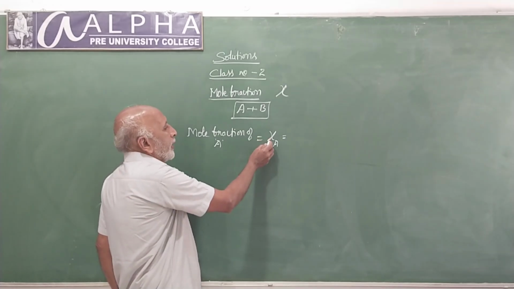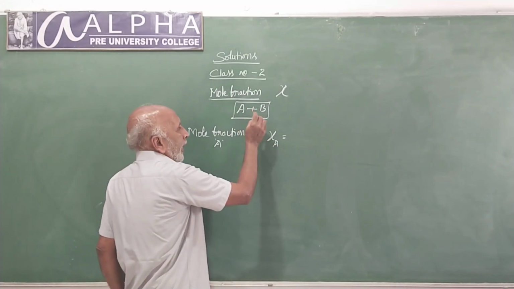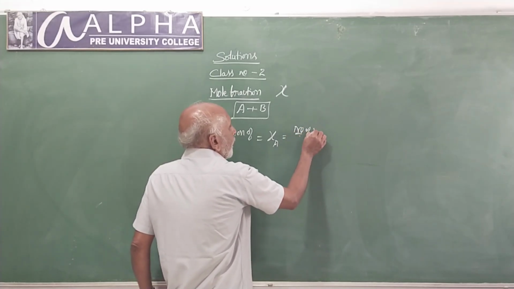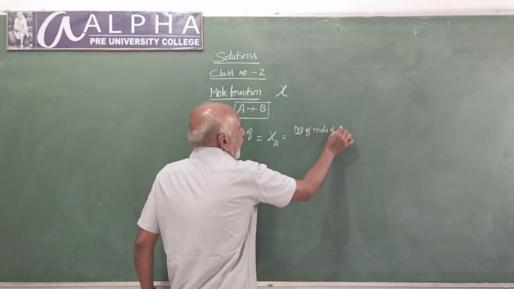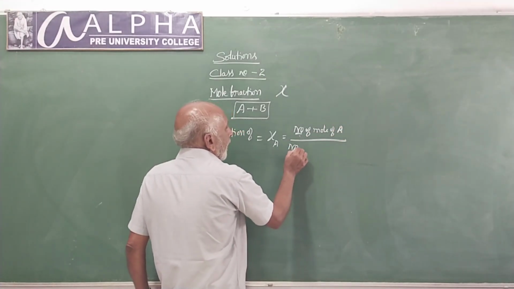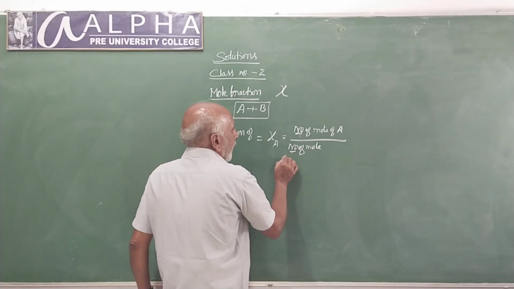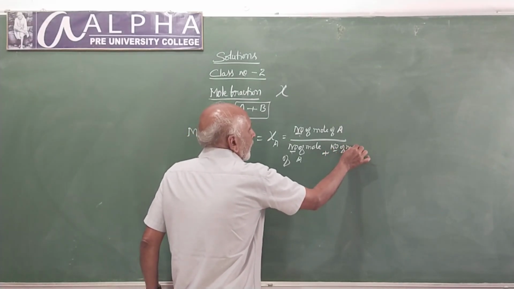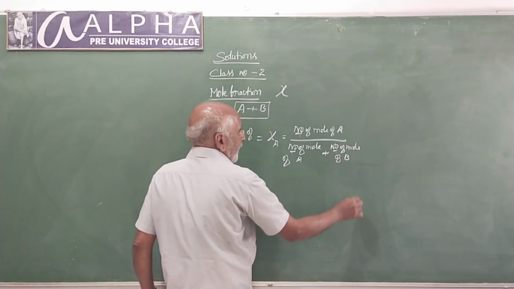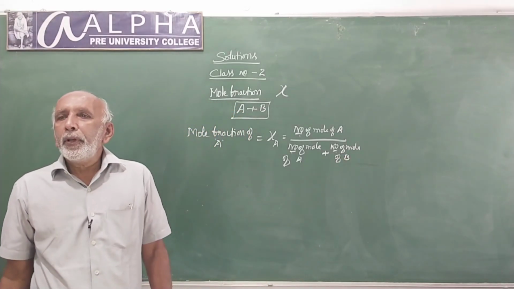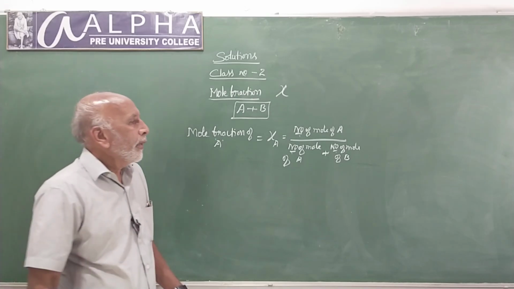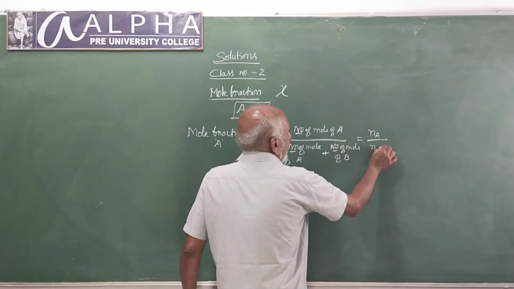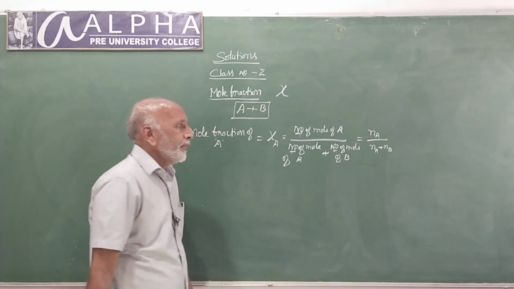So here mole fraction of the constituent A of the solution AB is number of moles of A by number of moles of A plus number of moles of B. We know number of mole is denoted by the letter N. Now we can write this as Na by Na plus Nb.